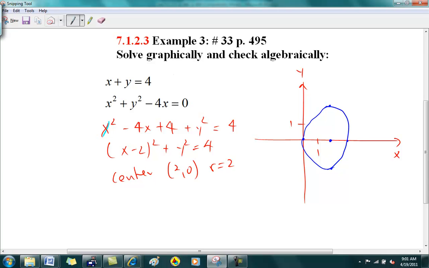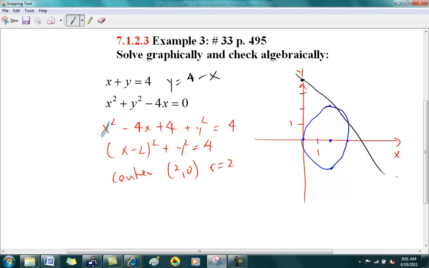And then I need to graph this line. This line is y equals 4 minus x. It has a slope of negative 1, and the y-intercept is 4. It's going to be going through (2, 2) and it looks like it's going to be something like this. Wow, pretty ugly stuff.